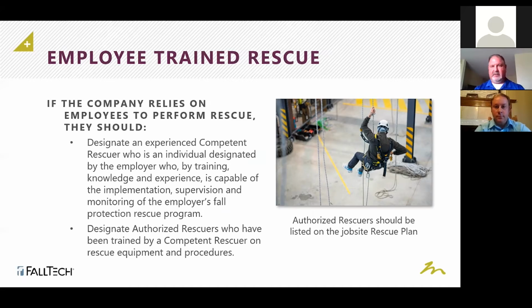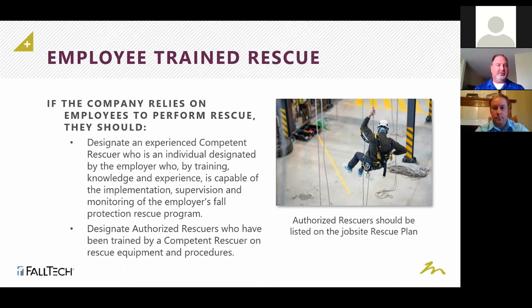Trained employees. In the picture here, you see somebody using a descent device. We make equipment that is very hands-on, I don't want to say non-technical, but it's something that they can click into their anchor point, connect to the fallen person, pull the tension off the retractable or lanyard, and then the person can be released, and it will lower them down safely at up to 2.5 feet per second.